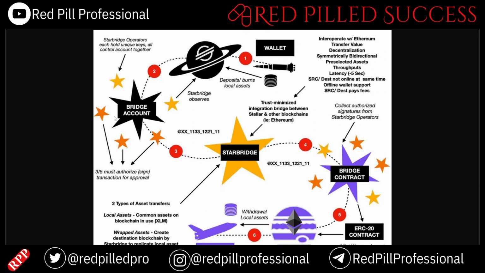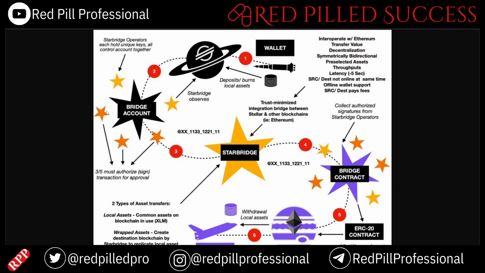So how these bridge accounts and contracts work is that you program it with a certain number of validators, and that is in an M of N configuration. So for example here, it's in a 3 out of 5.